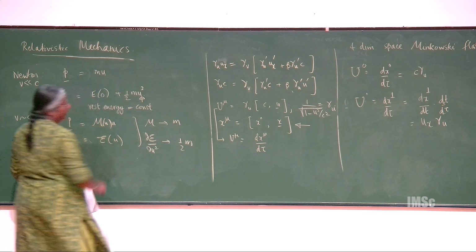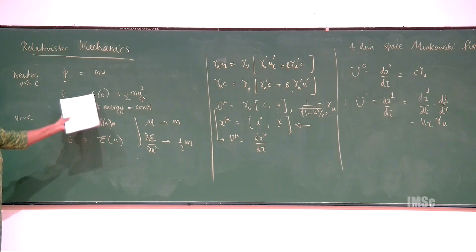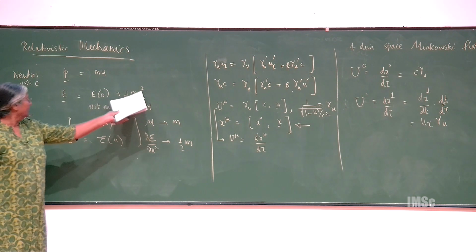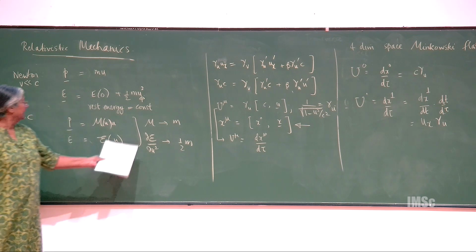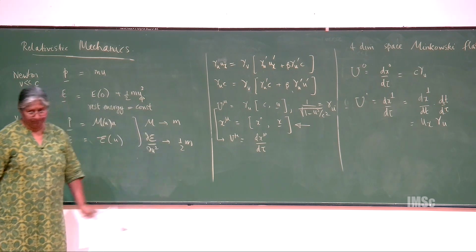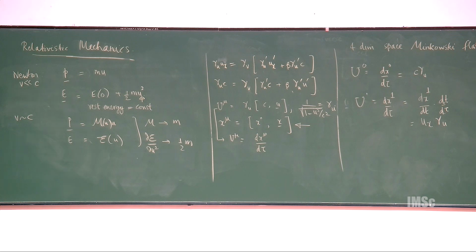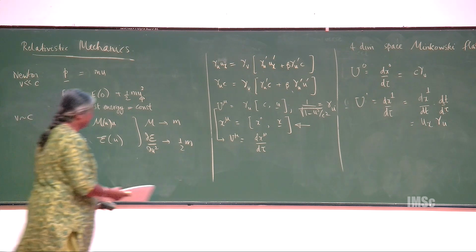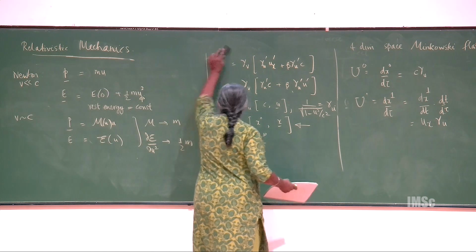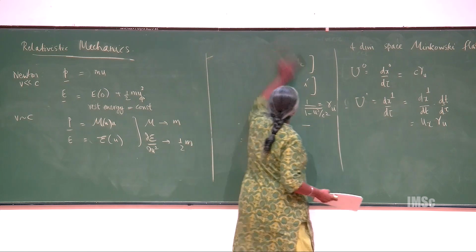Because you don't know what is the constant rest energy, you can only say that dE by du squared must go to half m, right? So now I have to find some capital M and some script E so that this holds. And it is extremely straightforward to see. Of course, it's extremely straightforward once you know the answer.